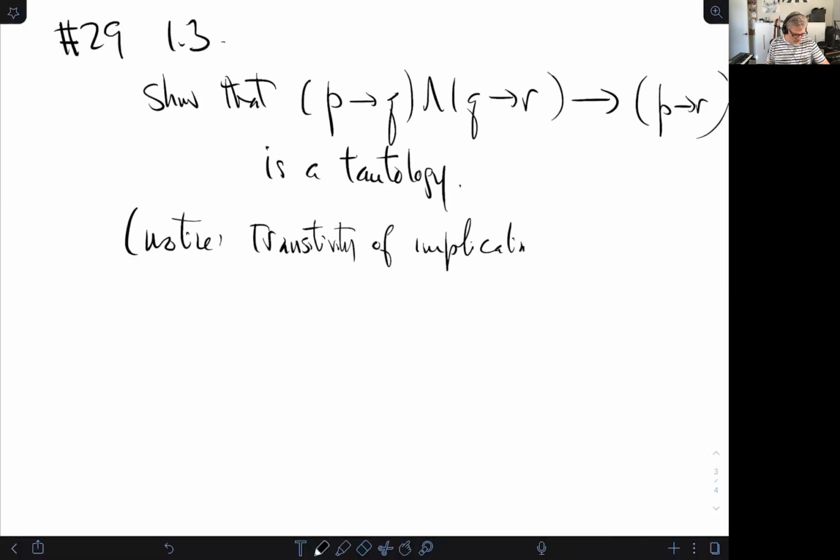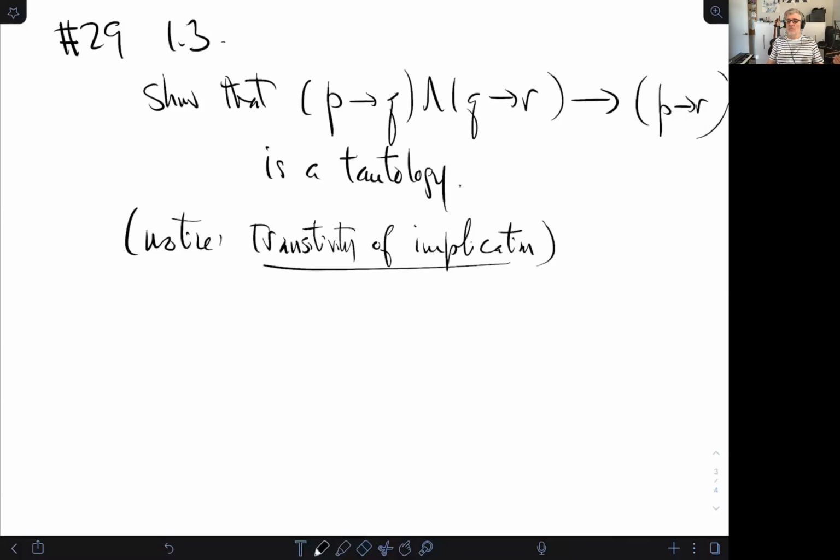What I mean by that is if you know that P implies Q and you know that Q implies R, then you can deduce that P implies R. If you start with P, you can conclude R safely because from P you can conclude Q and from Q you can conclude R. That's the big picture.